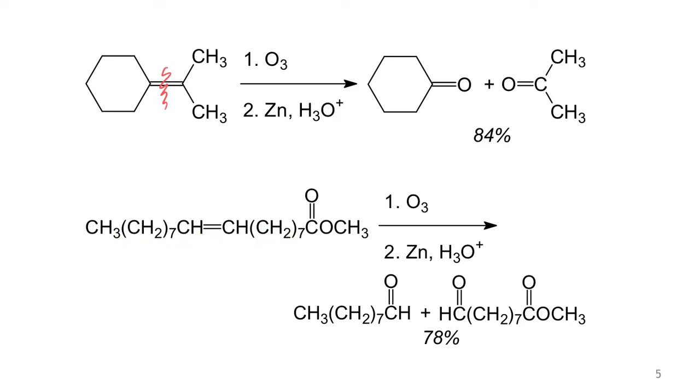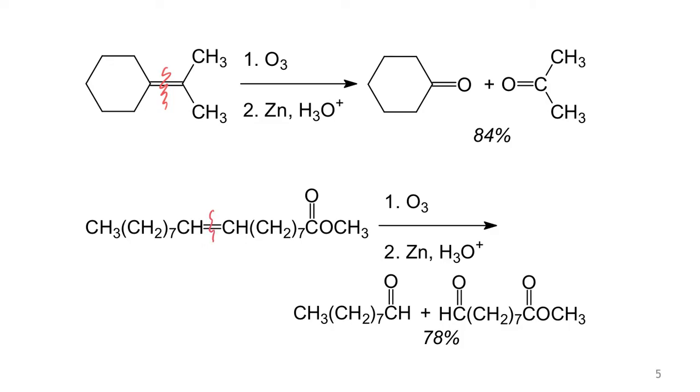IR won't tell you where the double bond lies in the chain. It'll just tell you that you have a double bond somewhere. NMR won't work because the signals would be overlapping in these regions. So the way that you figure out what the structure of this compound is, you very cleanly do this ozonolysis.